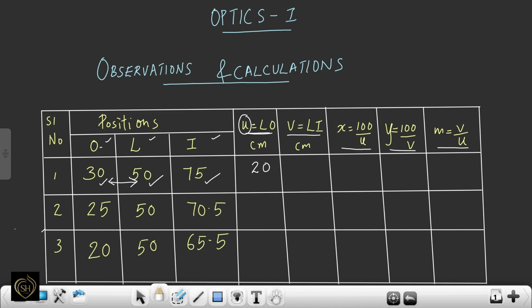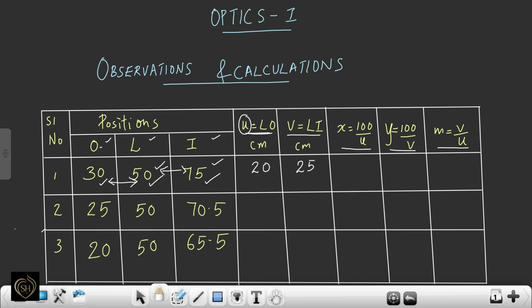Next, V is equal to LI, the distance between lens and image pin. The lens is at the 50 centimeter mark and the image pin at the 75 centimeter mark. So 75 minus 50 is the image distance, that is 25 centimeter.